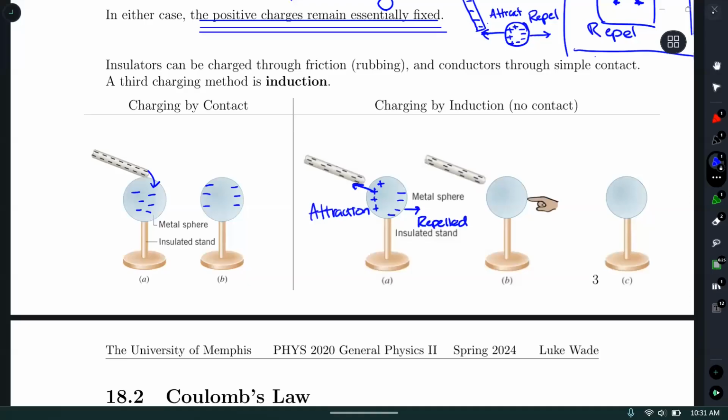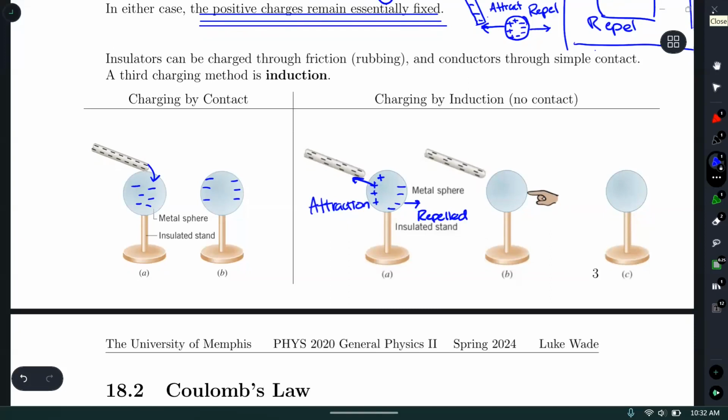Okay, so what's the answer to that? By you touching the PVC pipe after you charged it, it charged you as well.